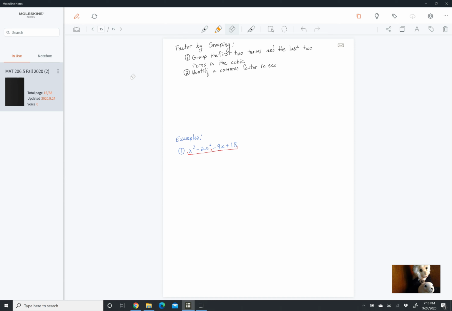And I'm going to use the word separately, so that it's clear that we're factoring something different out of each of the two groups.